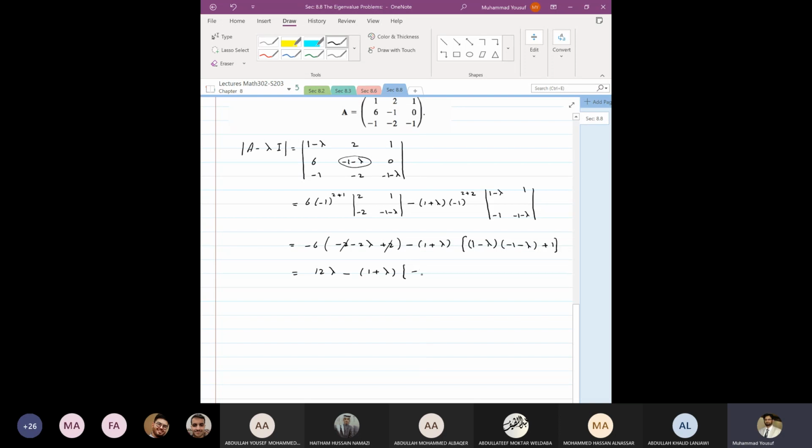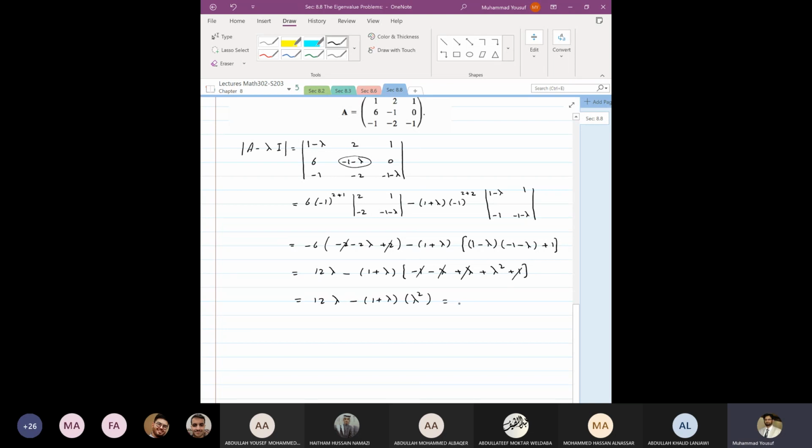Now it is minus 1 minus lambda plus lambda plus lambda square plus 1. 12 lambda minus 1 plus lambda bracket. This and this cancel. Oh, 1 and minus 1 also cancel. So lambda square.